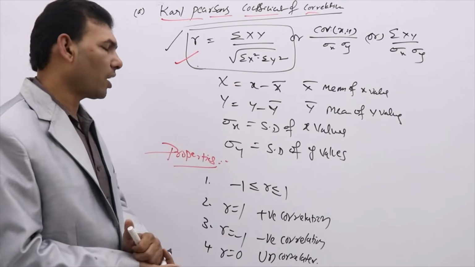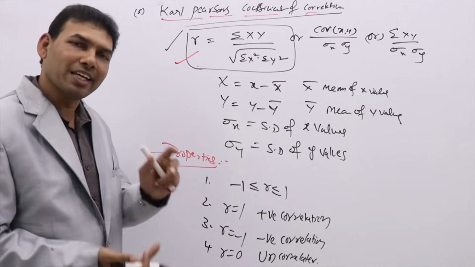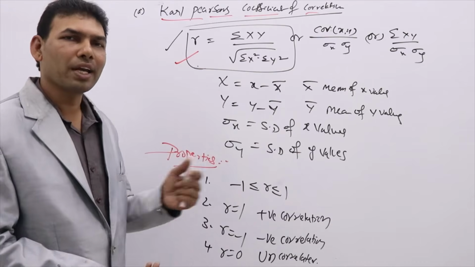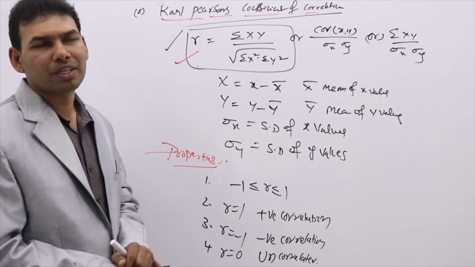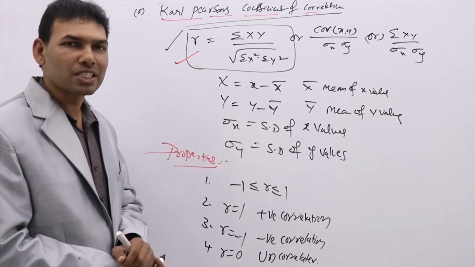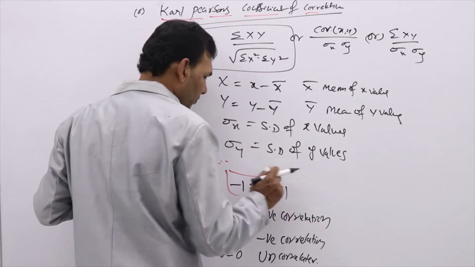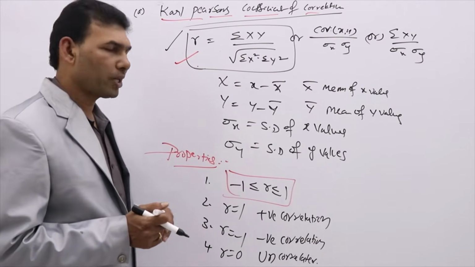We can easily say how they are related, positively or negatively, or whether they are uncorrelated, using this formula and technique. This is Pearson's coefficient of correlation. This is a very important point you need to remember.